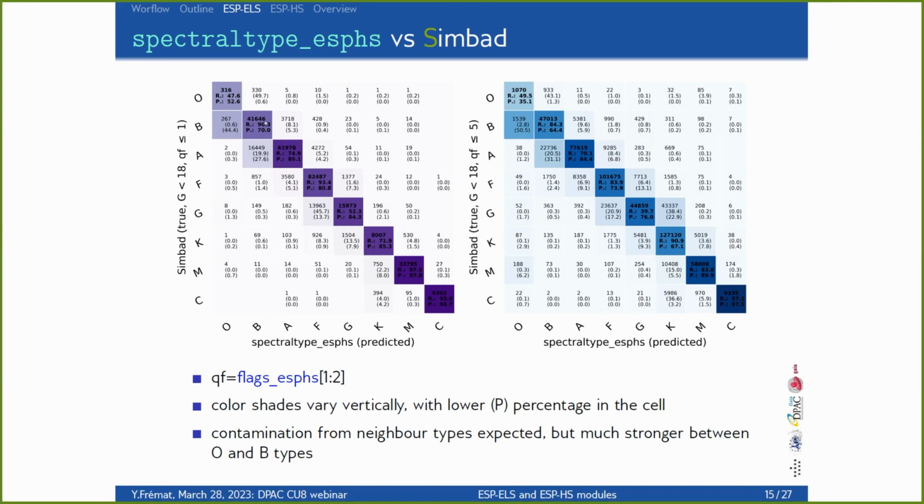What is important to keep in mind is that the agreement is relatively good, except maybe for the O and B-type stars, where, not systematically, but at least in half of the cases, the O-type stars receive a B-type spectral type tag.